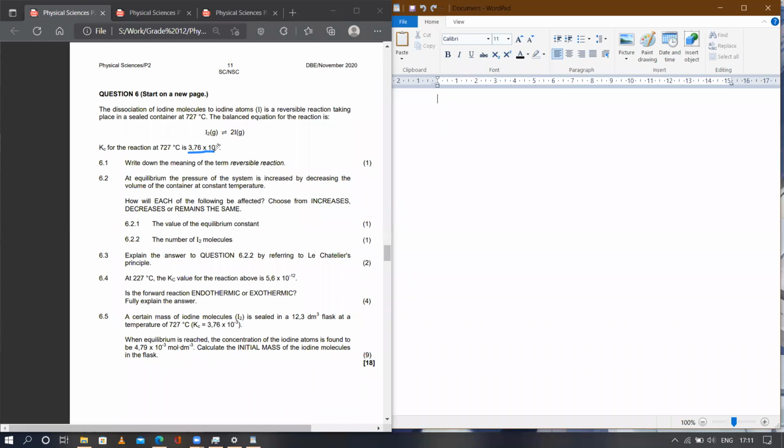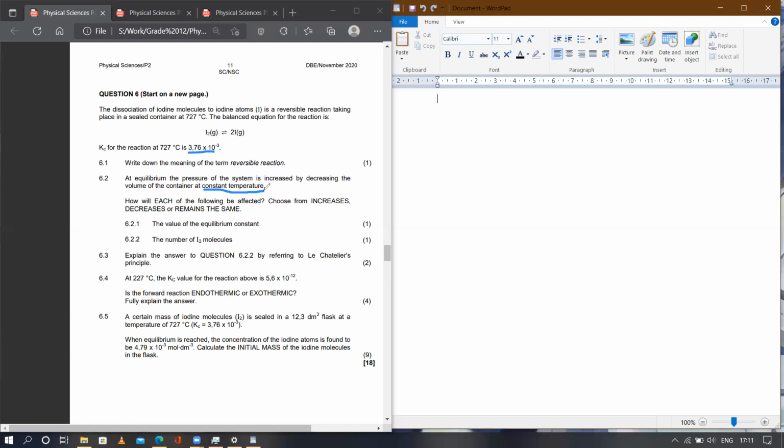Okay, so now they ask you how will each of these be affected, and they say the value of the equilibrium constant. Since you know that temperature is constant and temperature is the only one that can affect the equilibrium constant, you know that the equilibrium constant is going to remain the same since the temperature is kept constant. And now they're asking you about the number of iodine molecules.